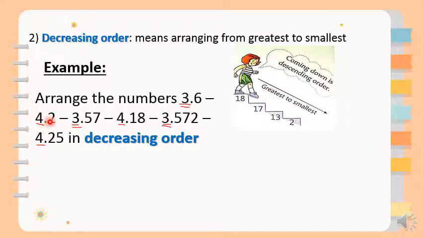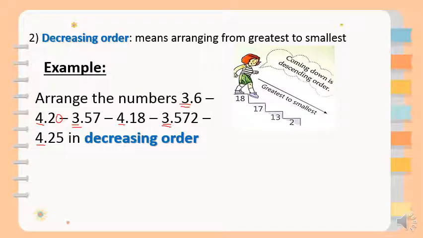Here we have 2, here we have 2, here we have 1. So here we have 2, here we have 2, they are the same. Here I don't have any digit, here I have 5. So which one is greater? Is it 4.2 or 4.25? We said that if I have an empty digit, we can put a 0.